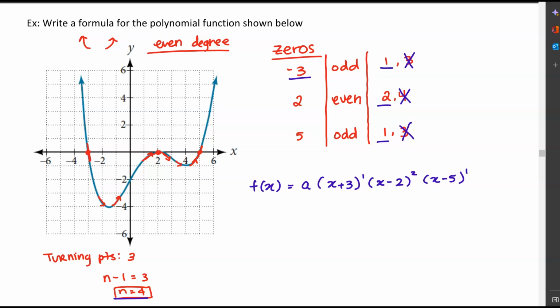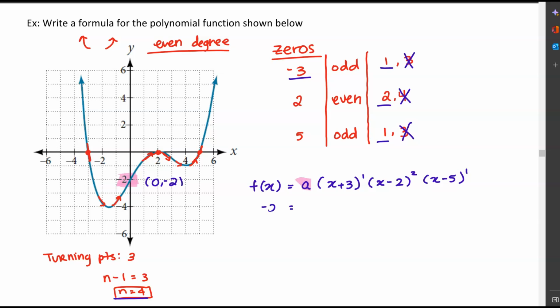Okay, so let's go ahead. So now that we're here, we need to figure out, how do we calculate our a? The way that we're going to calculate our a is we're going to find the y-intercept here. So here we have our y-intercept, which is given to us at (0, -2), and this is what we're going to plug in.